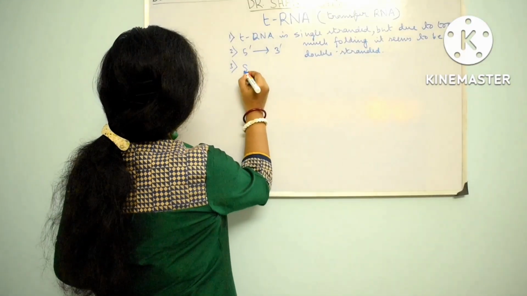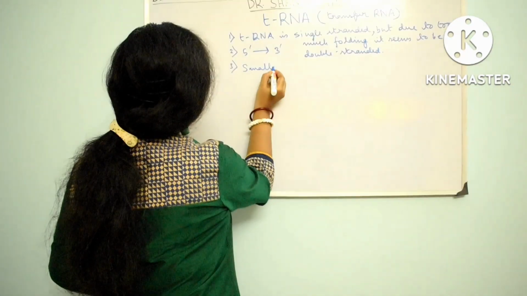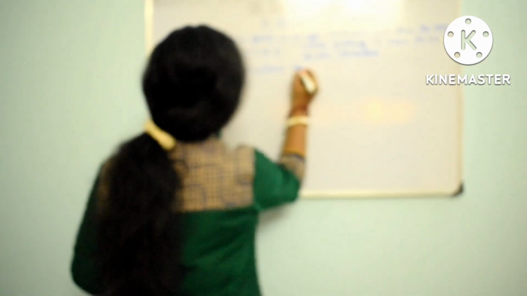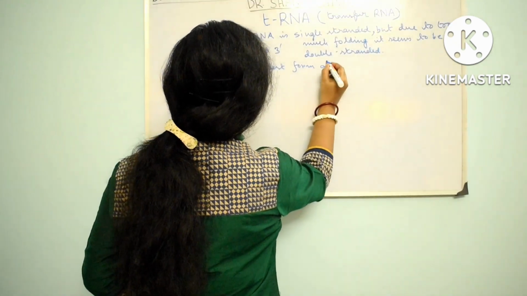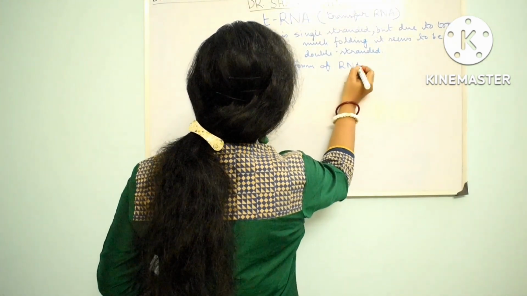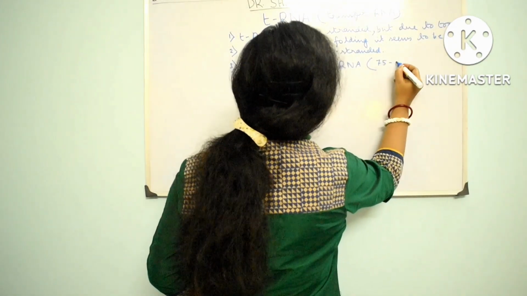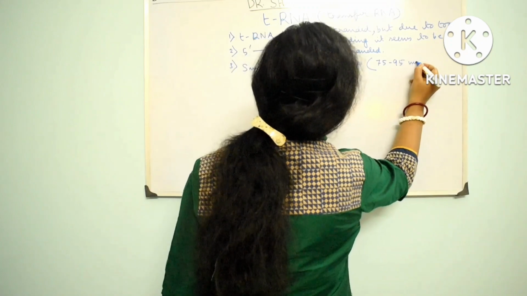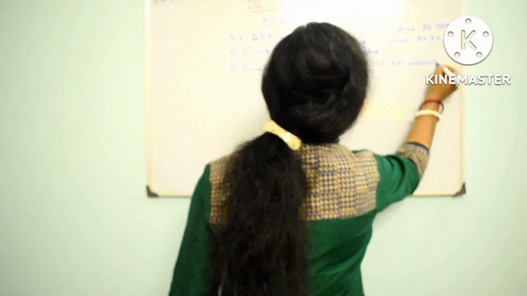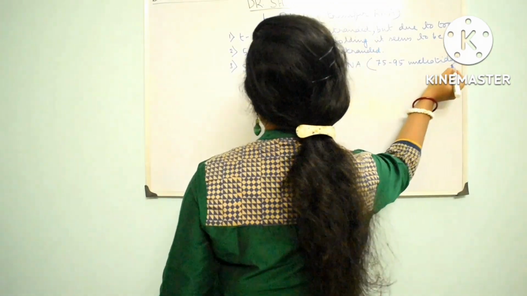This is the smallest form of RNA, normally containing 75 to 95 nucleotides.